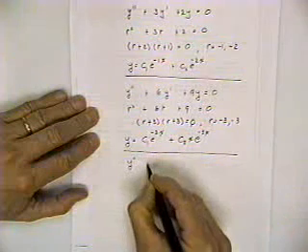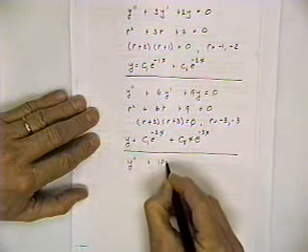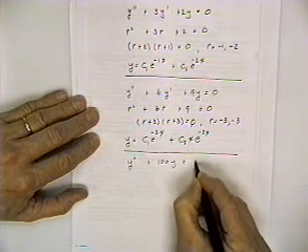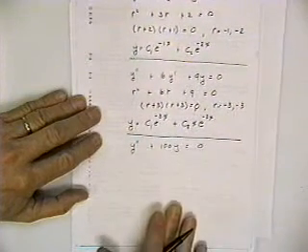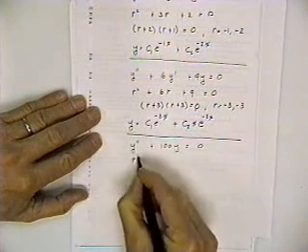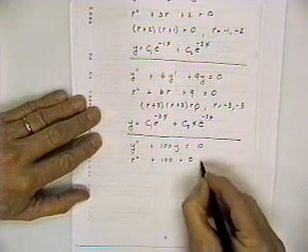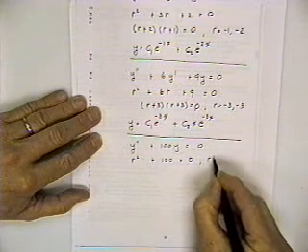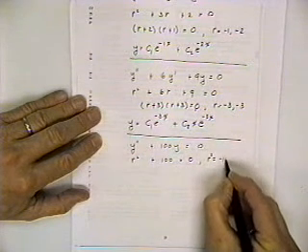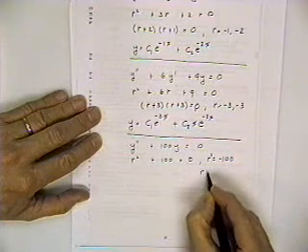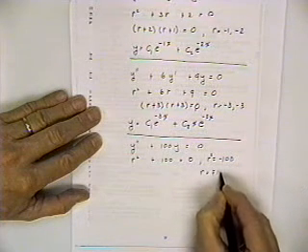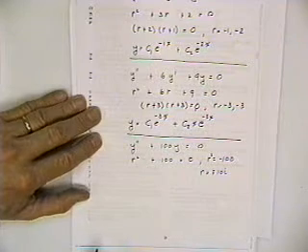Let's take another one. This is called the differential equation for the simple harmonic oscillator. And it's y double prime plus, and I'll choose a particular value, 100y equals 0. Now in this particular case, the characteristic equation is r squared plus 100 equals 0, and we end up with r squared equal to minus 100, from which we conclude that r is equal to plus or minus 10i.